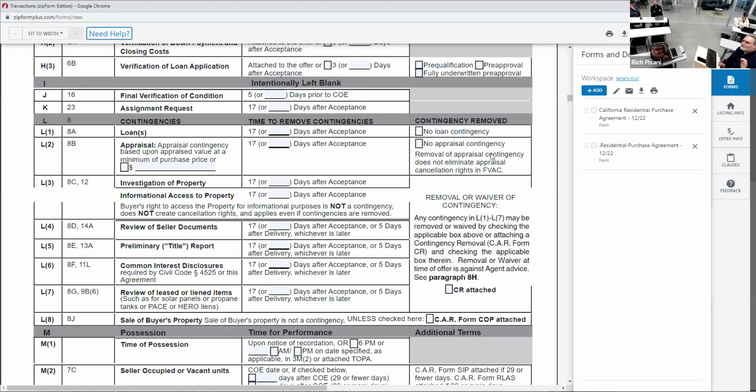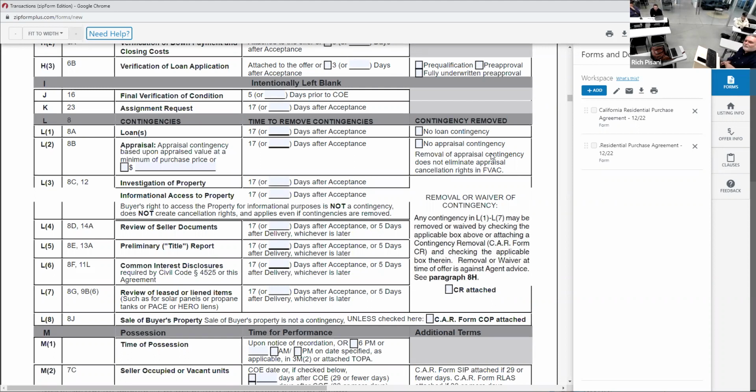Preliminary title report, it's the same thing, 17 days or 5 days after delivery. Once again, these are defaults, they can always be changed. Common interest documents, that's HOA documents. 17 days to look at them. Usually you don't get them until the 17th day.